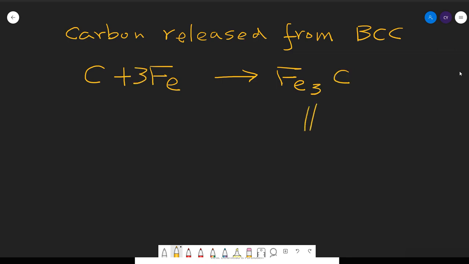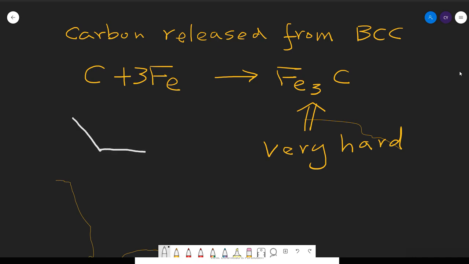And this is very hot. And how does the carbide appear? This is the grain of the steel.